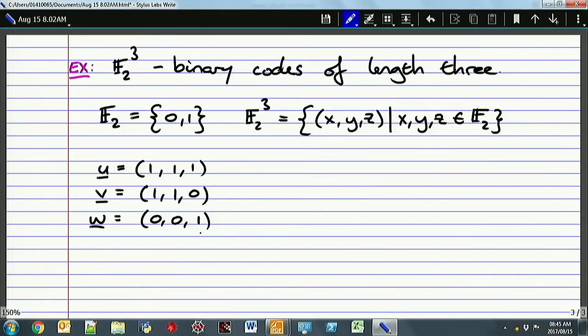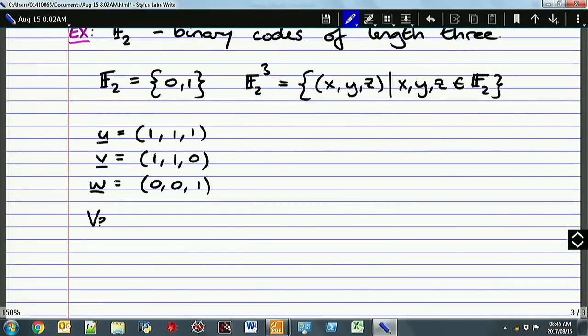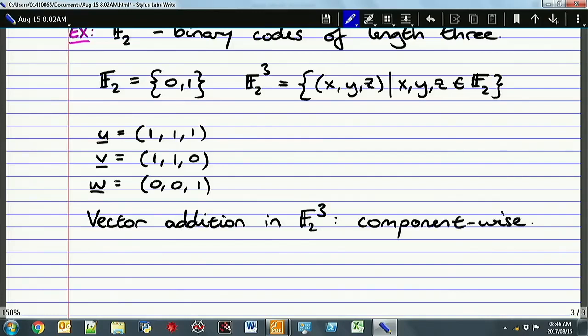But vector addition in this space works in a very odd way. Vector addition is component-wise, and it's done modulo 2.